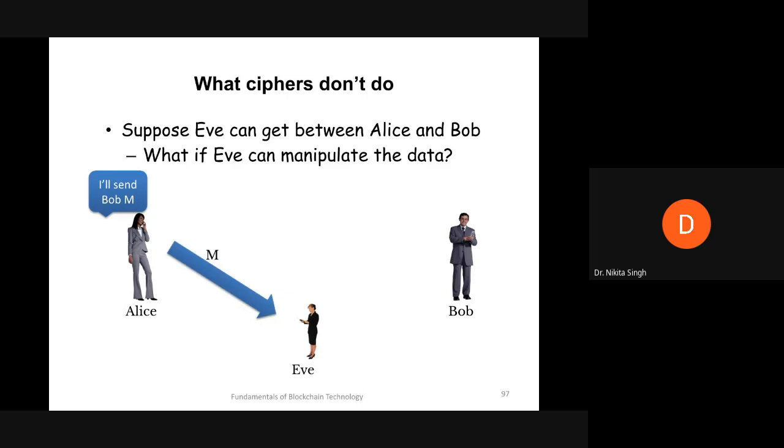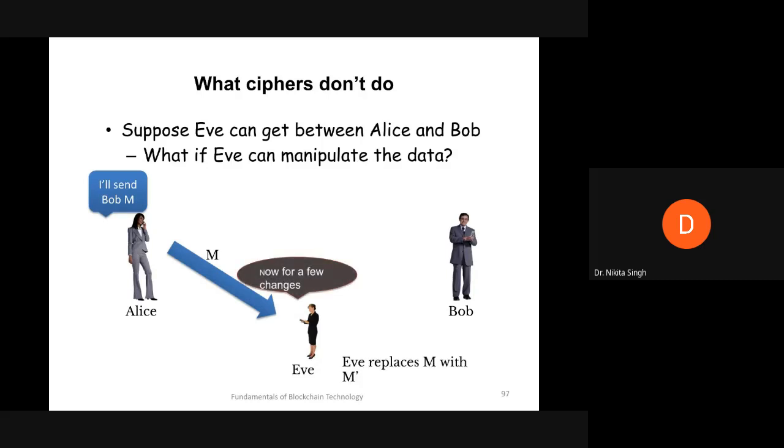So Eve decides that she'll send a message to Bob, and the message is M. But now what's happening is Eve is intercepting the data. So instead of the message M going directly to Bob, there is a mediator here who is diverting the message M to her. Now Eve is diverting that message M that Alice wants to send to Bob to herself.